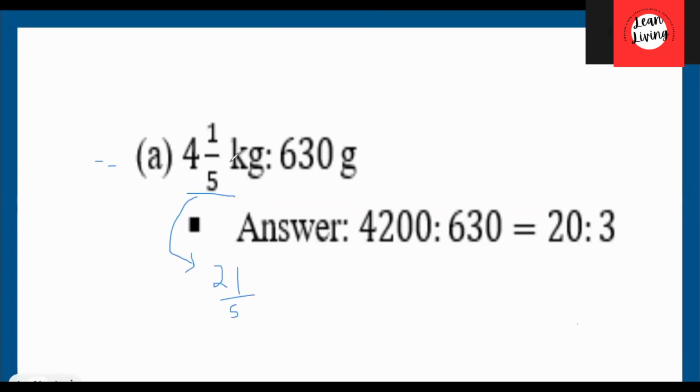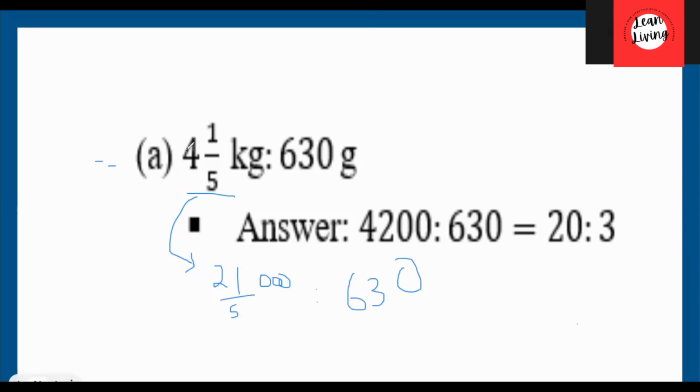And then you convert this 21 upon 5 into the grams, which means multiply it by 1000, and you get 21,000 upon 5. You get a 21,000 upon 5 ratio, that is the colon 630. Now what you are going to do is simply take out the LCM, multiply it out with the LCM, and you get the final answer.